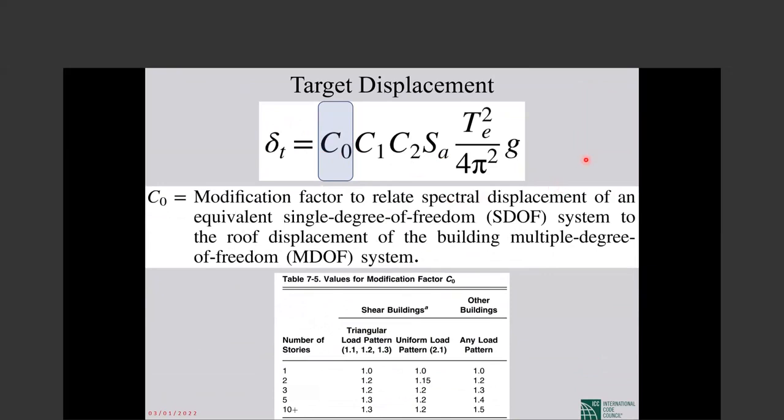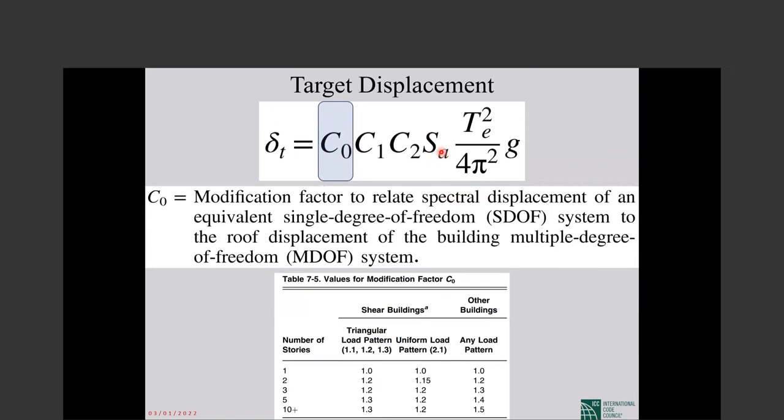In structural dynamics, if we use the response spectrum, the response spectrum gives us the maximum acceleration for each period, the maximum acceleration for each building, each single degree of freedom system.